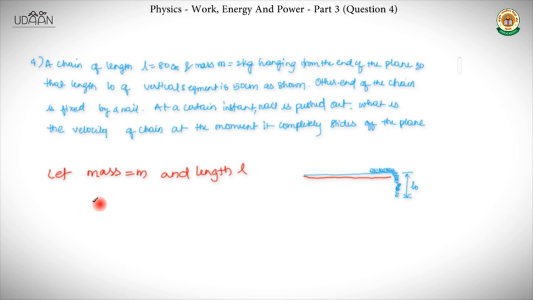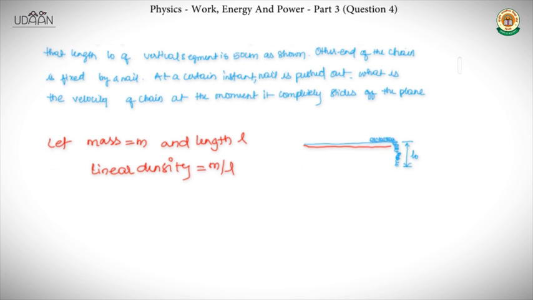So the linear density will be equal to m by l. The mass of the part of the chain which is hanging is the linear density into the part of the chain hanging, so this will be equal to m l naught by l.